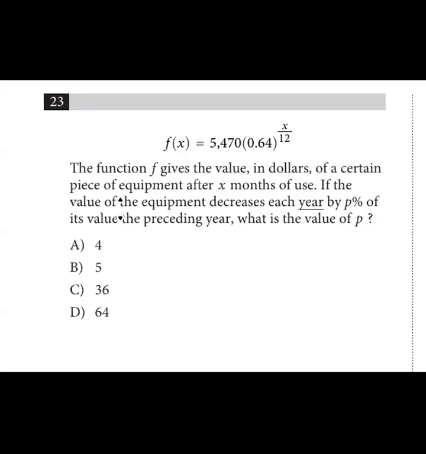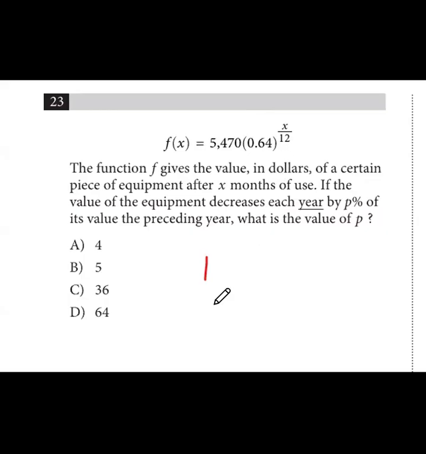Okay, so for question 23, we have a function, and we're asked for the decrease in years. So in this case, for these types of functions, we know that if this value here is 1, it means that there was no change every year, and any values greater than it means that it increased, and any values lower than 1 mean that it decreased.